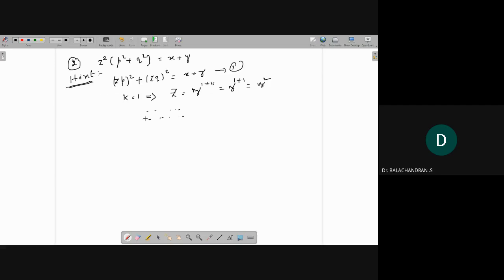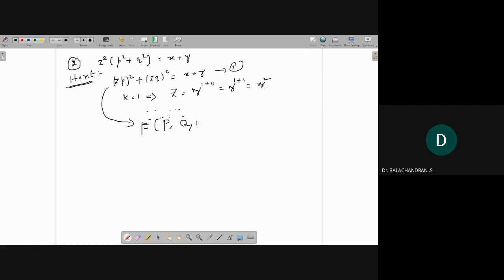After this, the equation is of the form f of what? Out of 4 types, standard types, which form? Type 4, sir. Type 4, yes. F of capital P, capital Q, and x comma y.